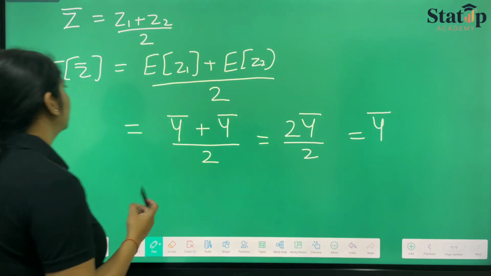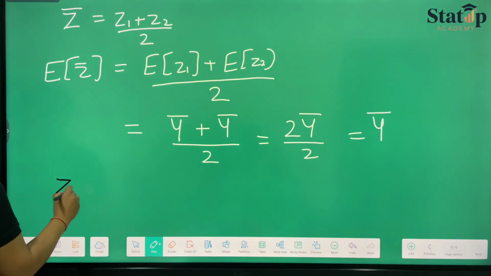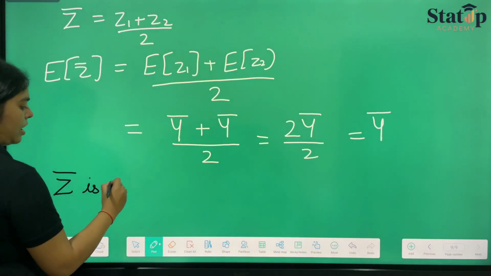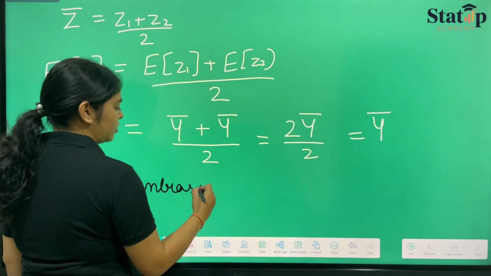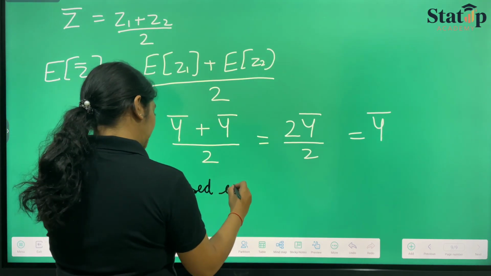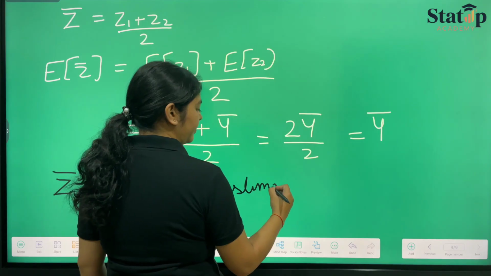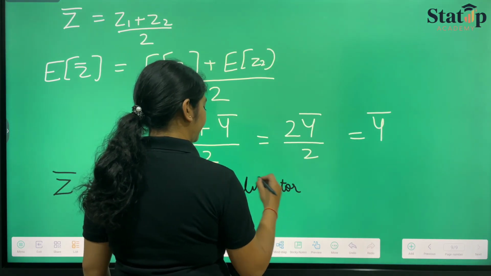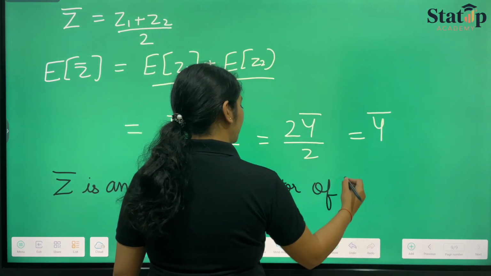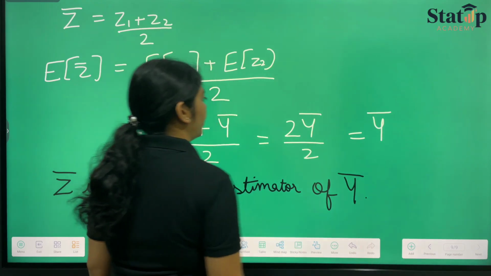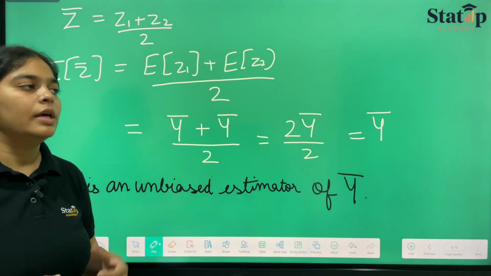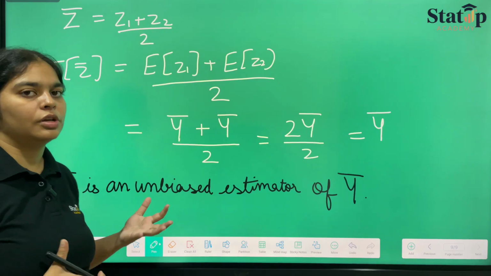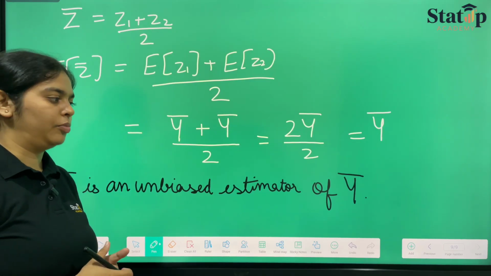Hence we can say that z bar is an unbiased estimator of the population mean. This is what we wanted to prove, and this is what the Des Raj estimator is all about: our estimation becomes an unbiased estimation of the population mean.